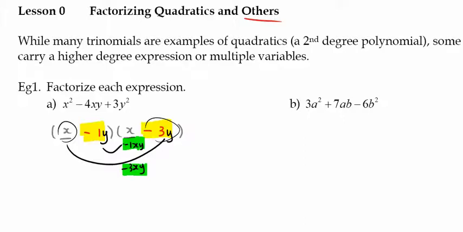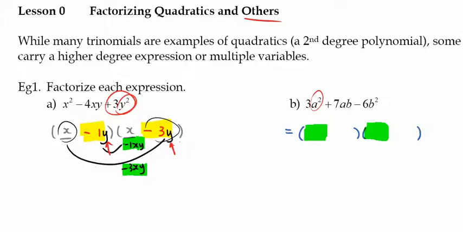Using the same concept, we can now factor this trinomial. This trinomial started with 3a squared. We want two terms at the front of these two brackets to give us a product of 3a squared. And similar to the previous question, I'm going to split the a squared into two pieces.